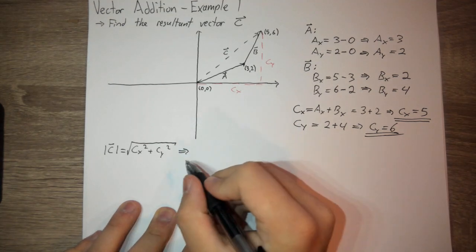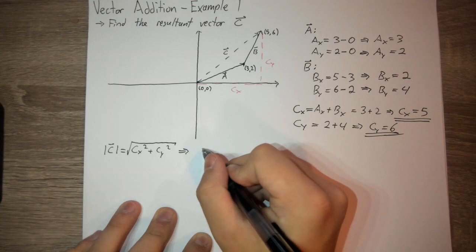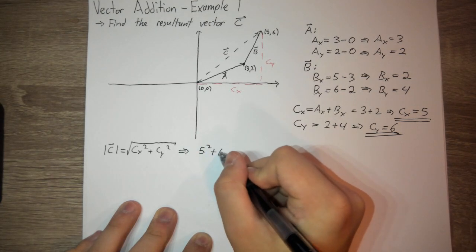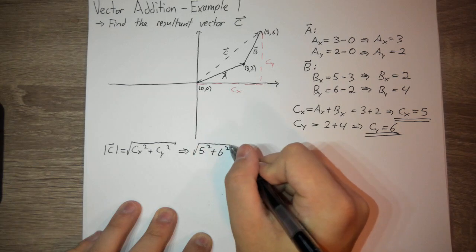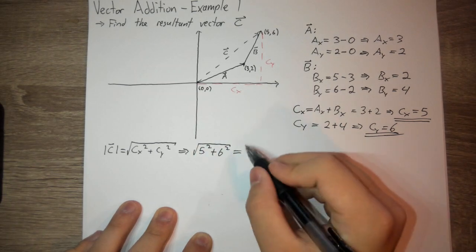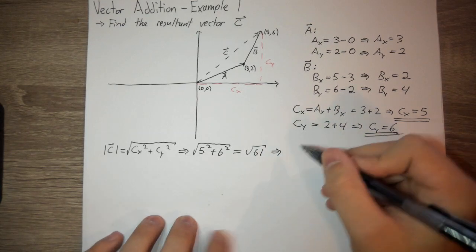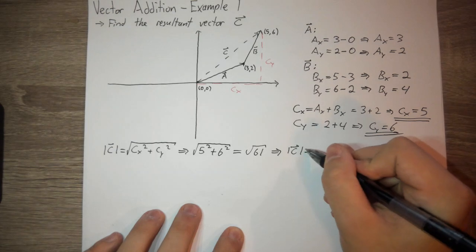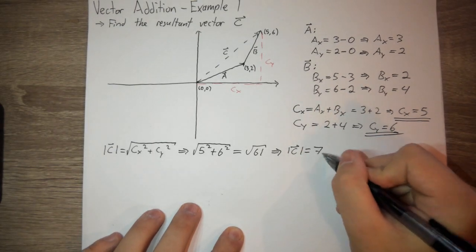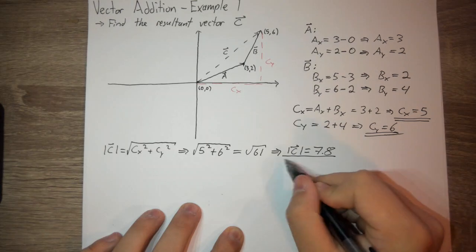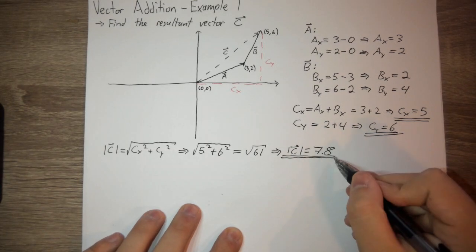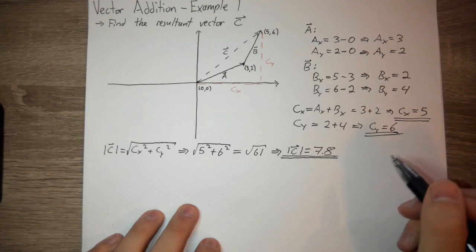And plugging numbers in, that's the square root of 5 squared plus 6 squared, which is equal to the square root of 61, or writing in decimal form, that is 7.8. So that's our magnitude.